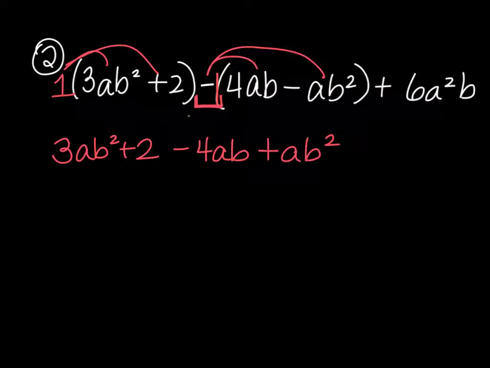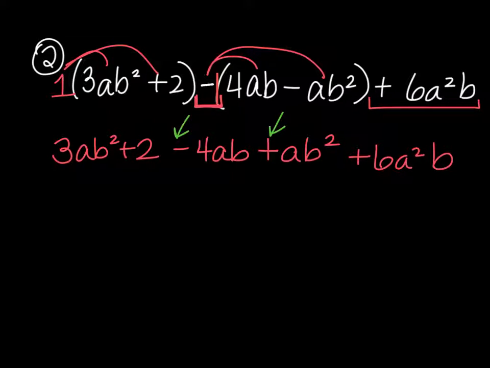You need to pay careful attention to these two signs right here. Make sure you understand how I got those. And then this at the end, this 6a squared b, doesn't have anything to distribute, so I just copy it down, 6a squared b. And now you can kind of combine in any order you want to.